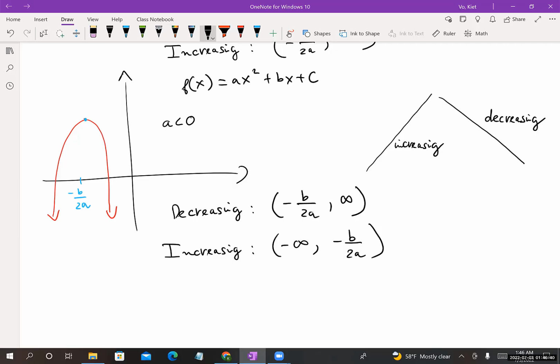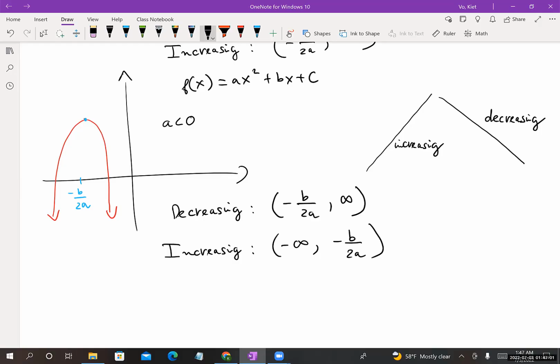You don't even have to sketch the graph of the function, because you can visualize it if you know whether it's open up or open down by identifying the coefficient a and seeing whether it's positive or negative.